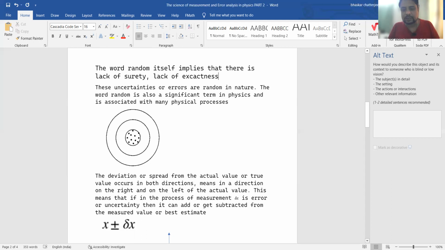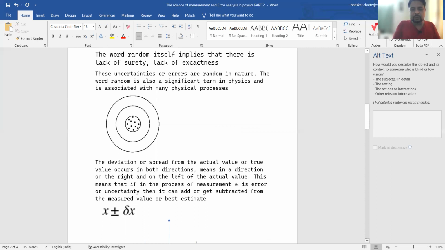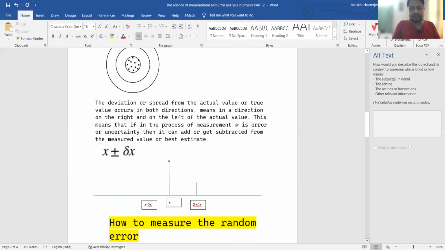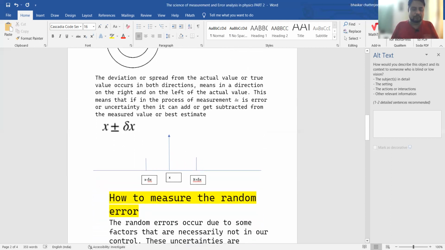Delta x is the amount of uncertainty, and it can be added or subtracted. X is the best estimate, the best value that you can report. This value may be added with delta x, and delta x may be subtracted from x. So this error delta x, or uncertainty, is in both directions.